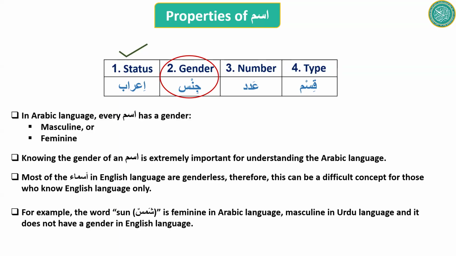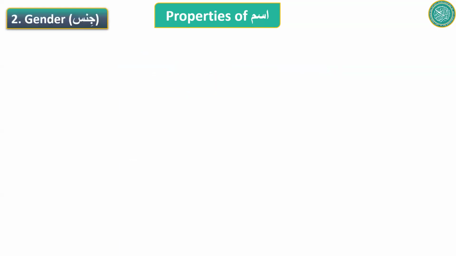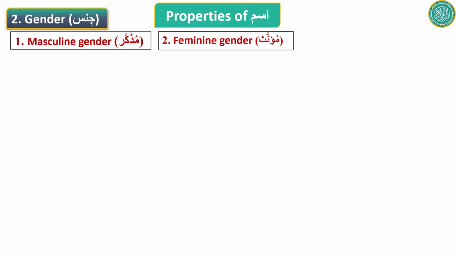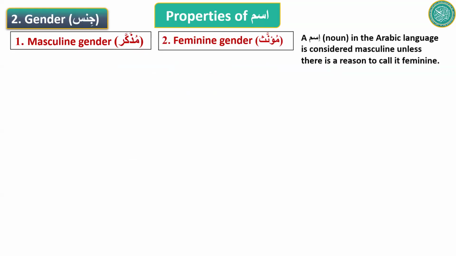So in Arabic, every ism has a gender. Then we discussed that there is a general statement that the default gender is masculine. So when you see an ism and you want to know what is its gender, you look for signs or reasons to call it feminine.